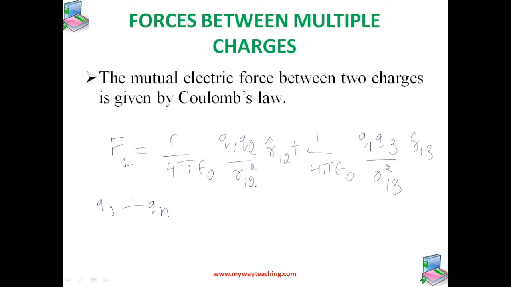So the total force F1 on charge Q1 due to all the other charges is given by the vector sum of the forces F12, F13, up to F1n. This is the total summation of forces, isn't it?